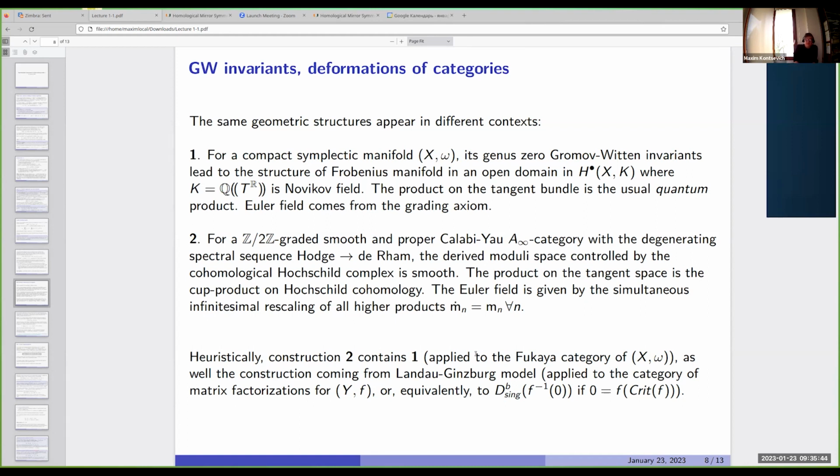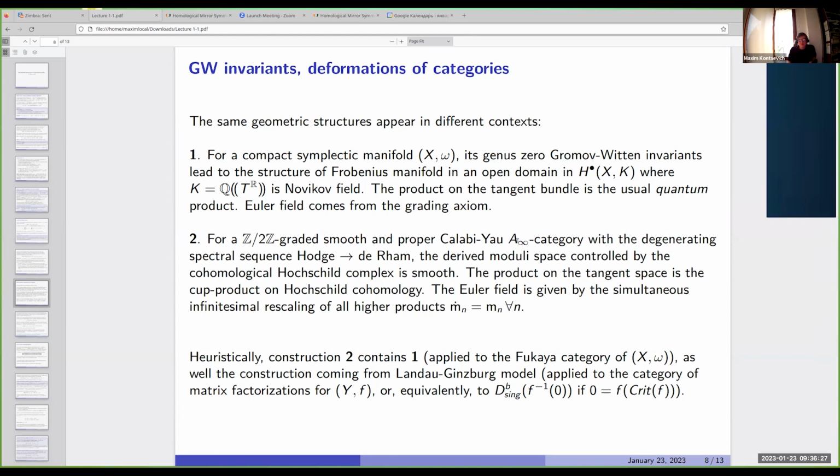It contains, in a sense, the first construction when you think about the Fukaya category of your variety, and for the Landau-Ginzburg model, you consider the category of matrix factorizations, or equivalently, you consider the DB sync of this hypersurface, which is the singular locus of my function. Yeah, here I should assume that the critical value is 0 if we speak about matrix factorizations. Yeah, so this number 2 is kind of the most general example.